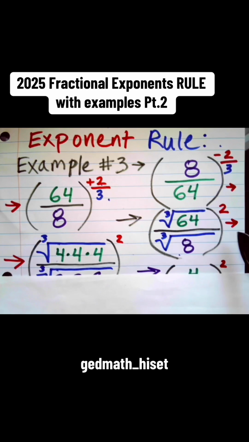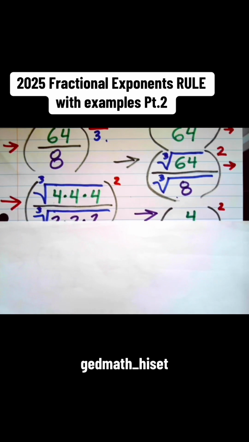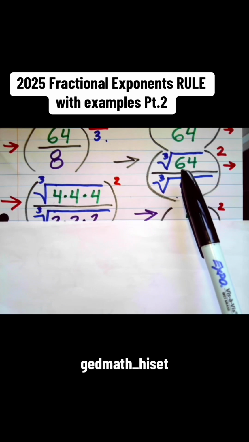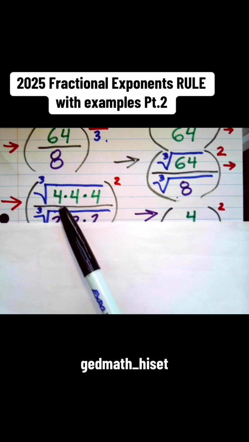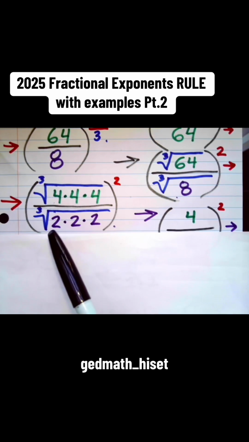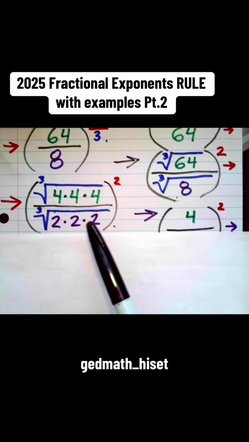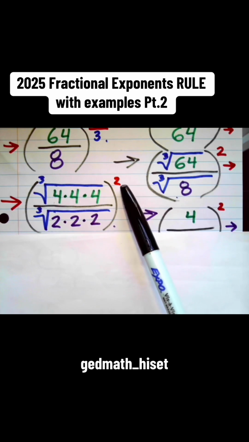Now, in this next step I'm going to show you that 64, when you break it down to its expanded form, is 4 times 4 times 4. And I know 8 is 2 times 2 times 2. And again, it's raised to that power of 2.